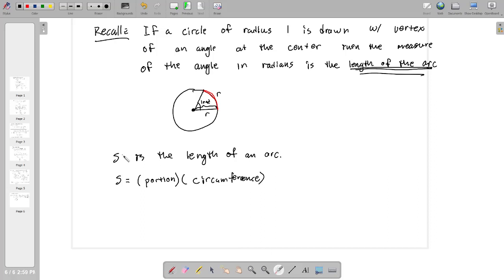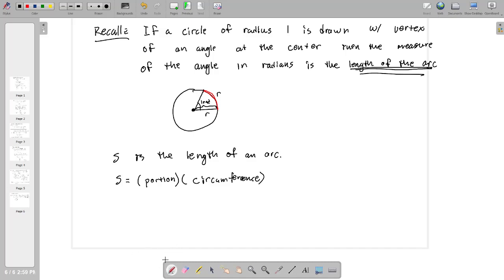So if we only want, say, the length of half of the circle, that would be the portion, 1/2. We would take 1/2 of the circumference, and we would get the length of the top half of the circle. Suppose that we wanted only a quarter of the circle. Well, we would take 1/4, that would be our portion, multiply 1/4 times the circumference, and we would get the length of the arc from here to 90 degrees straight up. 1/4 of the circle.